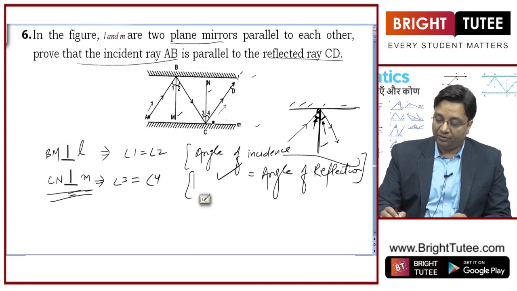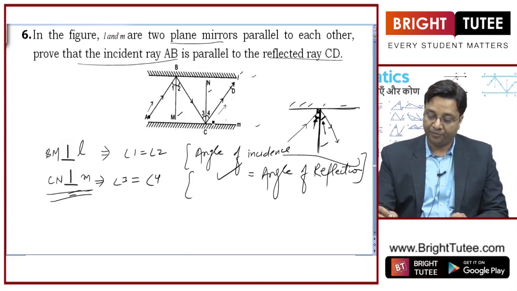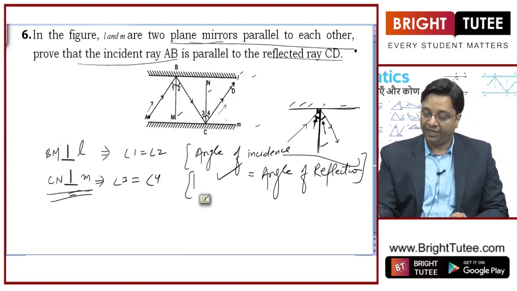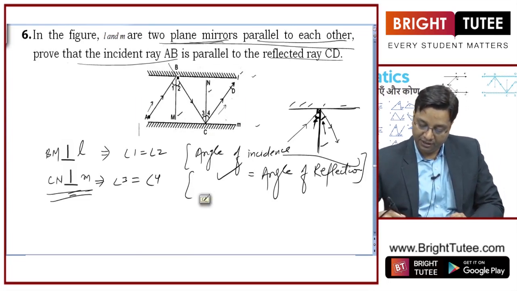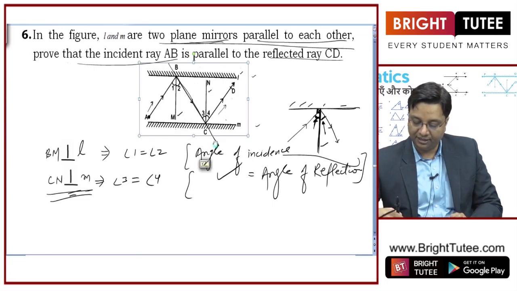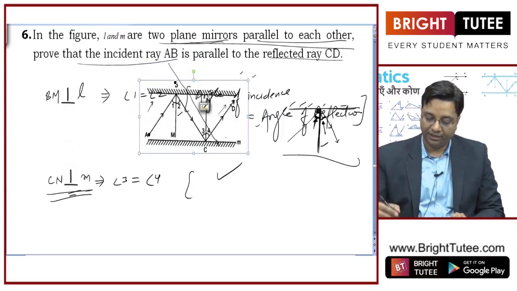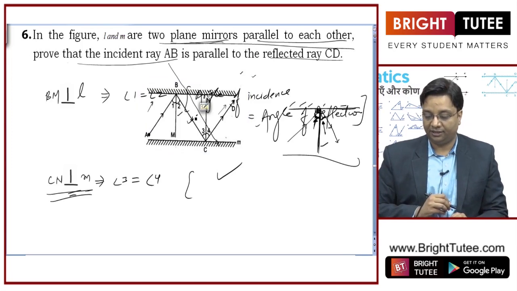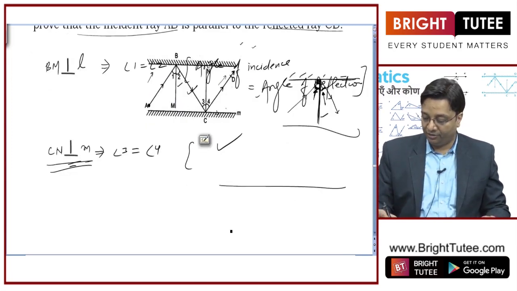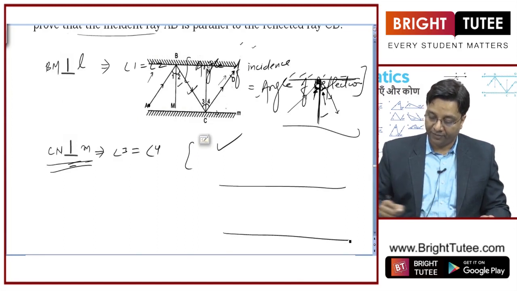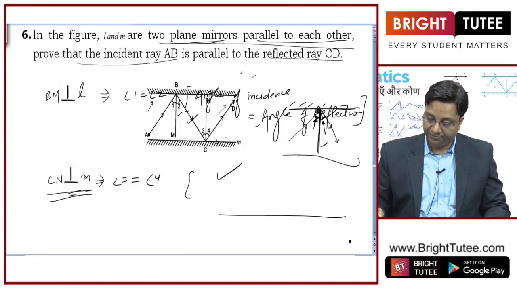Now, these angles are equal. Now, see that these are two plane mirrors, and they are parallel to each other. This line is considered as a transversal.